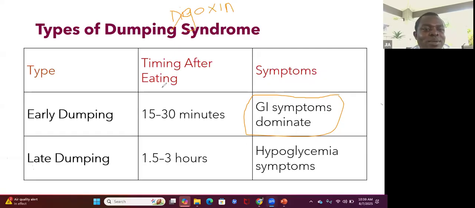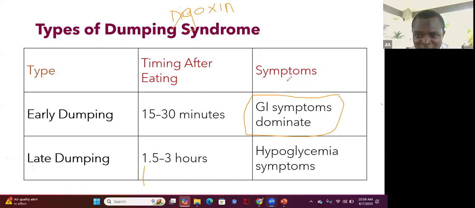So, types of dumping syndrome. We have the early one and the late one. Sometimes the late one you see maybe 1 to 3 hours. This is 1.5 to 3 hours. We are still within the range. So with the early dumping syndrome, it occurs mostly within 15 to 30 minutes after eating.